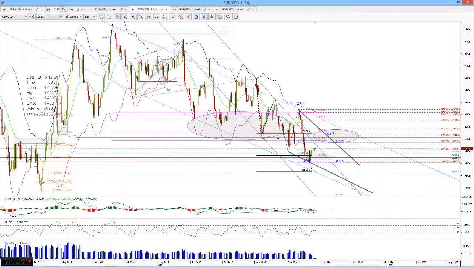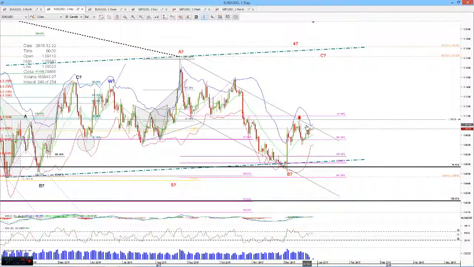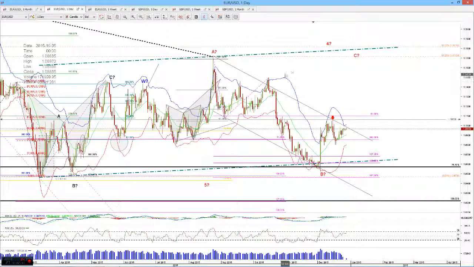The reason for that is that I see this upward move as a C wave, which is developing A, B, and a stronger C to the upside, which may reach that channel line. I think I have to adjust this channel line a little bit later on.